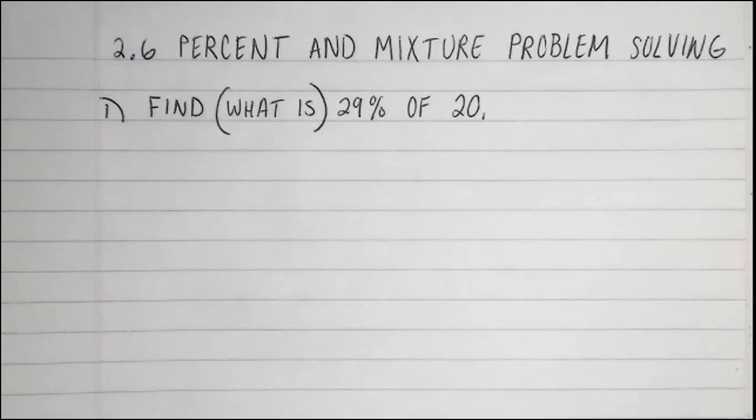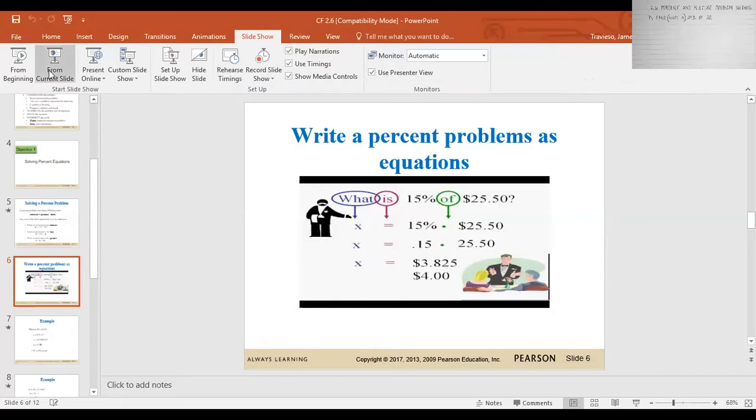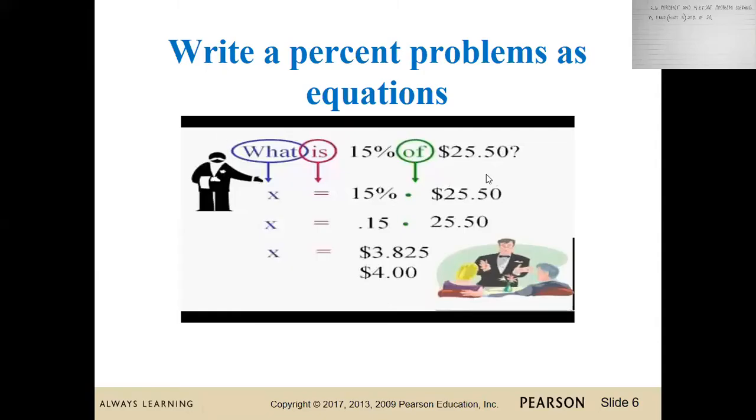First thing we want to do with 2.6 is go to that PowerPoint, and I usually want to touch on a slide if I feel it is important. And this would be that slide. It gives you the key words that we use, because basically you're going to take a word problem and convert it into an algebra equation.